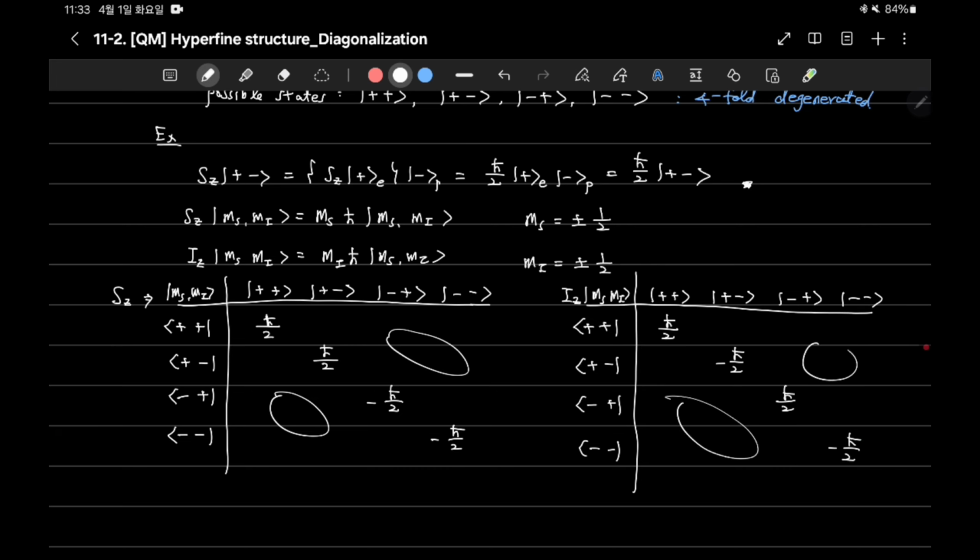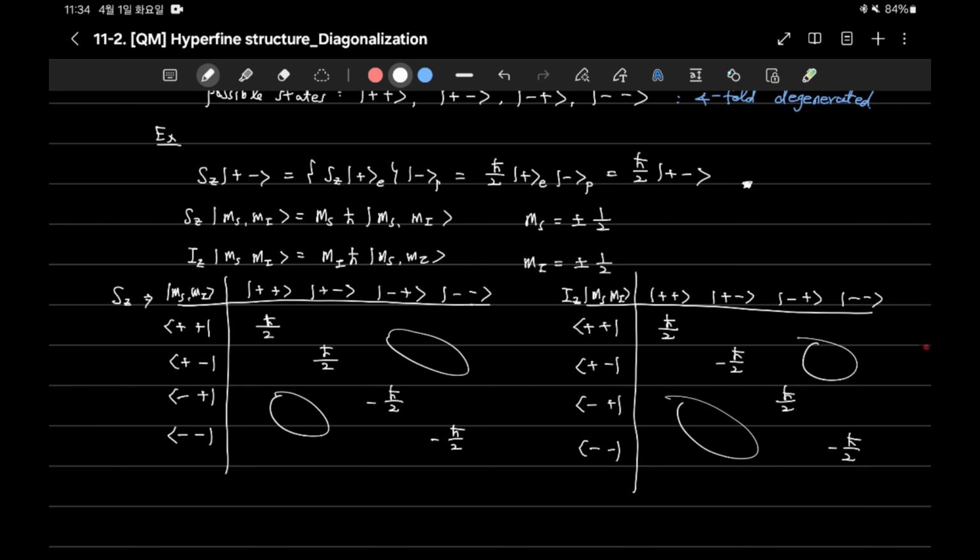The other terms are 0, and the off-diagonal terms are also 0.